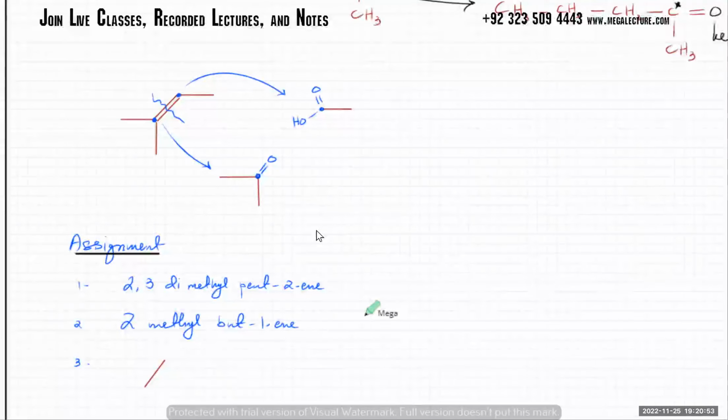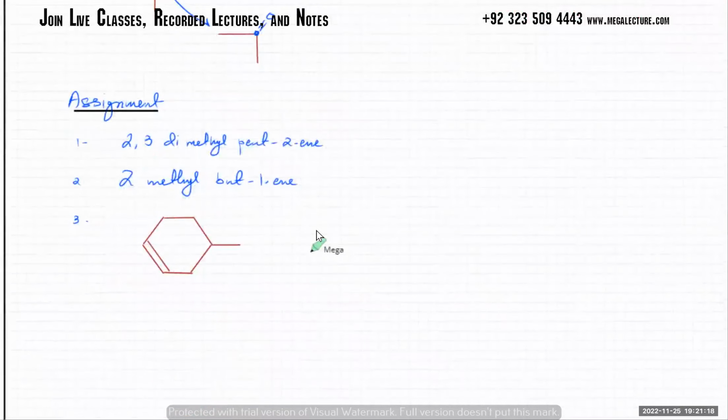So there's a cyclic structure. Try figuring out the product of its oxidation. बल्कि पहले एक कर लेते हैं. There's just one double bond. ठीक है. Try and figure out the product of this oxidation. Number 4 would be, okay, if I do number 4, that's the assignment, like draw products.